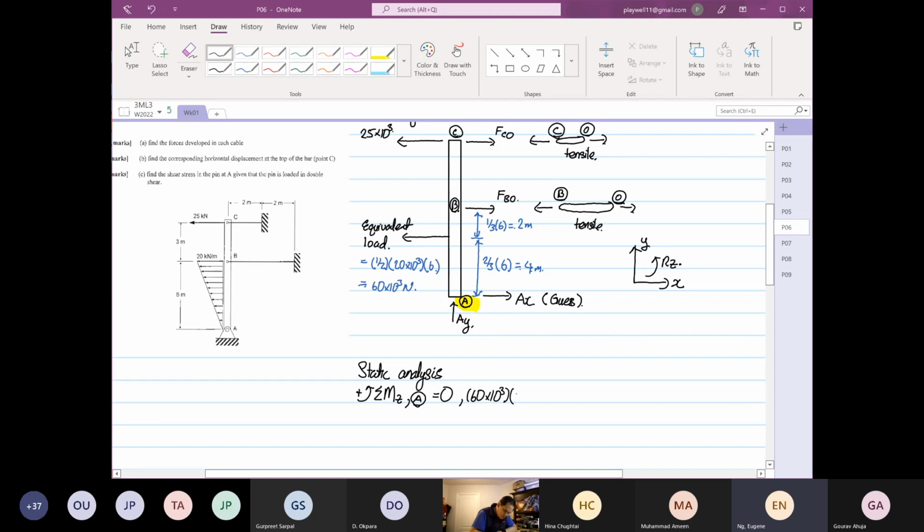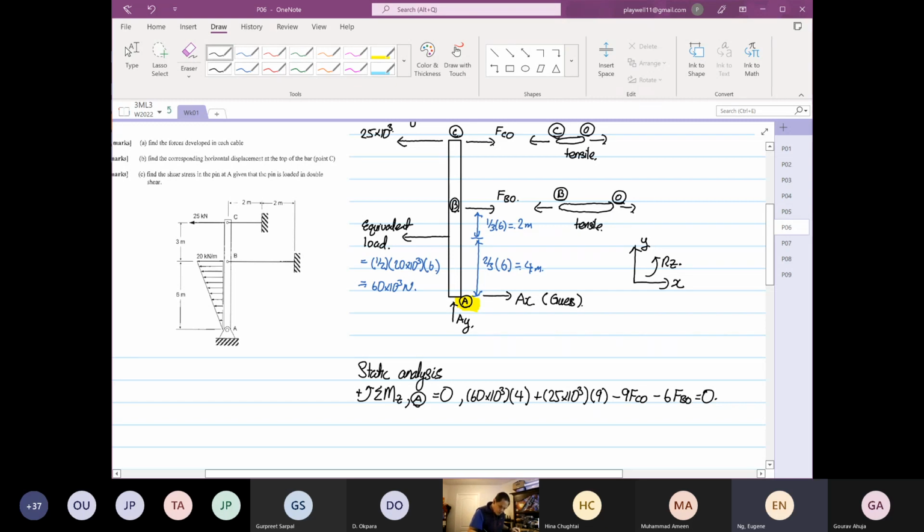The distance is 4, from point A. Then the next one is 25 times 10 to the power 3, the same direction, anti-clockwise, and the distance is 6 plus 3 is 9. Then FCO is going clockwise, minus 9 FCO, and FBO is also going clockwise, and the distance is 6.